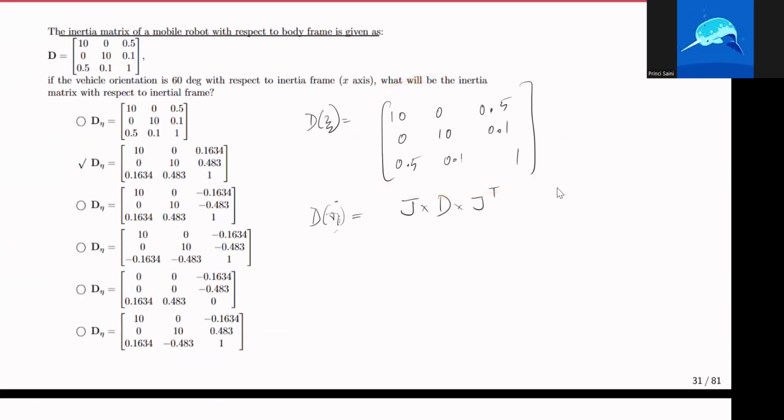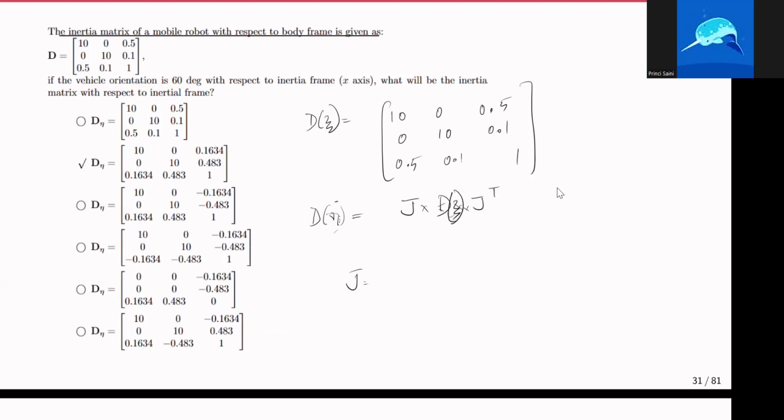This is D of theta. It's already given in the question. And the only other thing that you are required to find out is the Jacobian matrix. So from the question, it is actually given that the vehicle is oriented at 60 degrees. So that is all the information that you need to construct that J matrix.